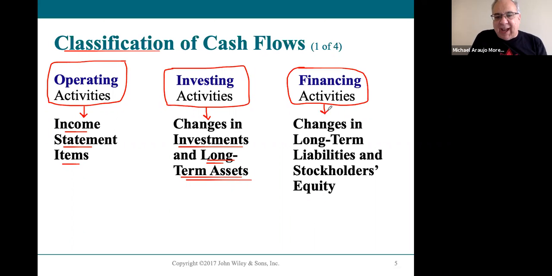Financing activities are the last type of activities. Again, financing: where is the company getting its money to buy those assets? So we're basically going to be focusing on long-term liabilities, long-term debt, and stockholders' equity. Why? Because that's where businesses get money, right? The stockholders put cash into the business in exchange for shares of common stock.